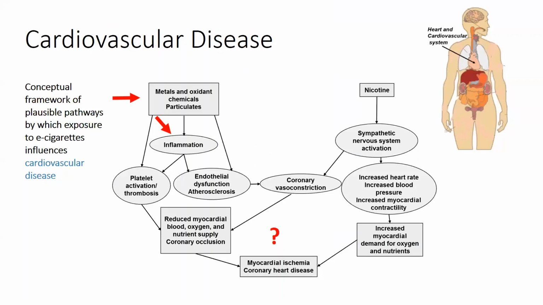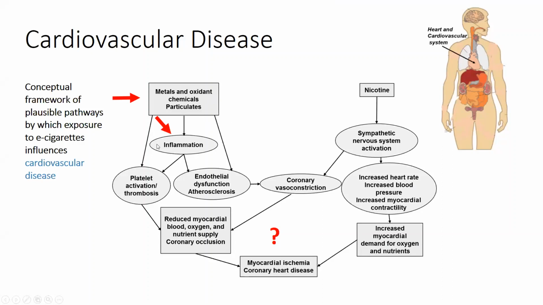And just to quickly talk about some of the health effects, I'll start with cardiovascular diseases. This is just showing the mechanisms, how if e-cigarettes cause cardiovascular diseases, how it could potentially cause these cardiovascular diseases. So there are metals and oxidant chemicals or particles that are present in the aerosol of e-cigarettes. This could lead to inflammation.